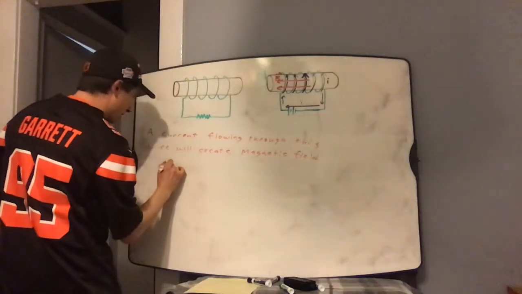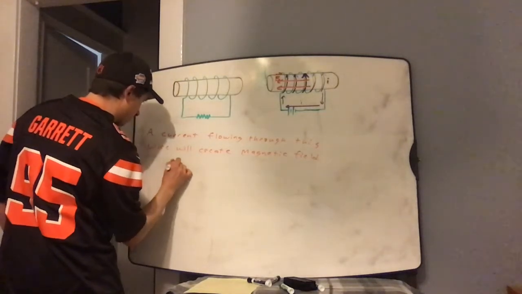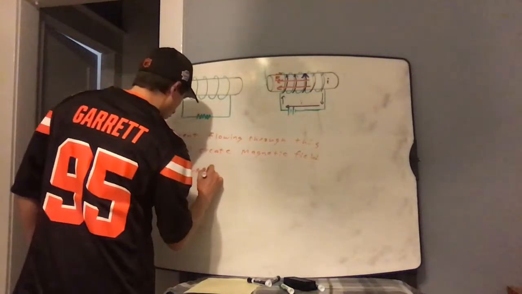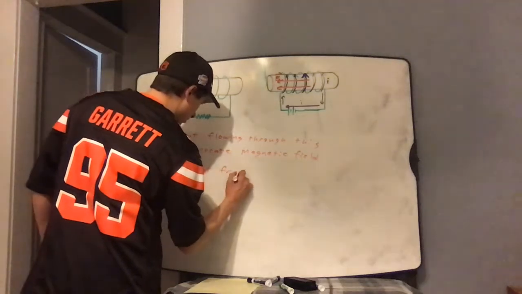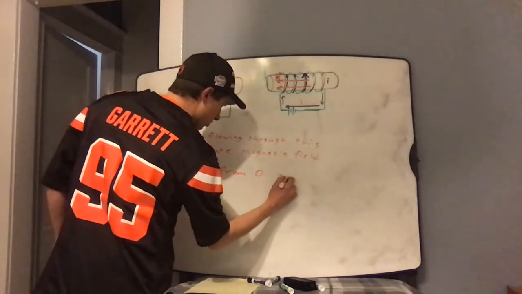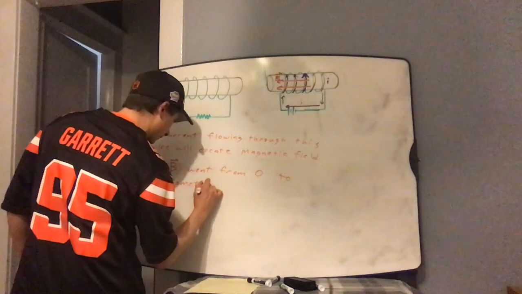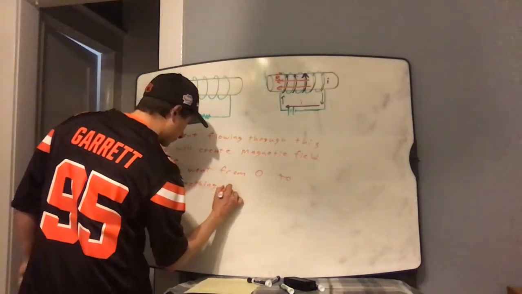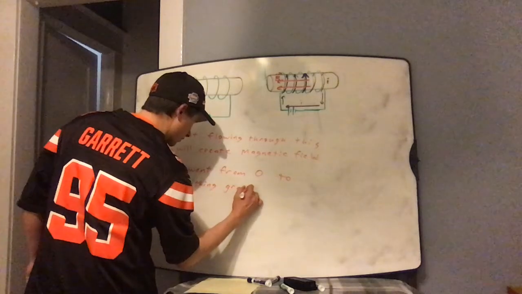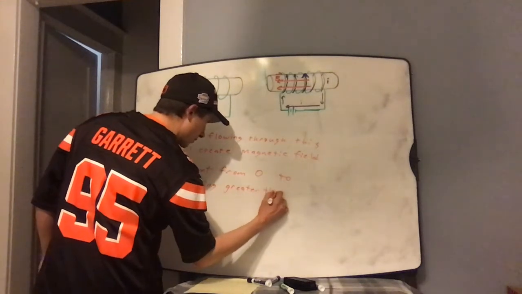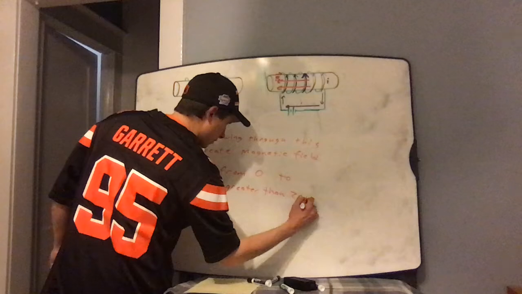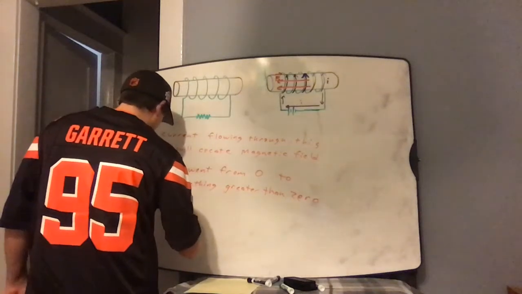So I could say that the magnetic field B went from 0 to something bigger than 0, pointing to the left.